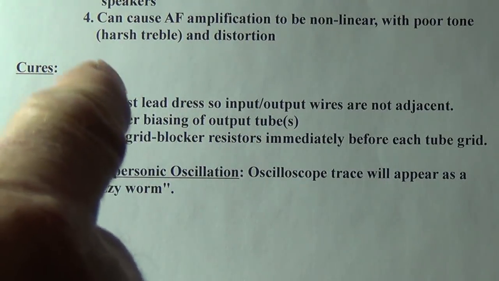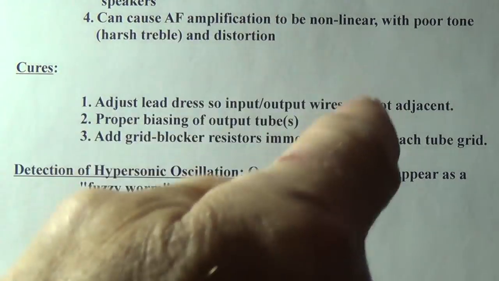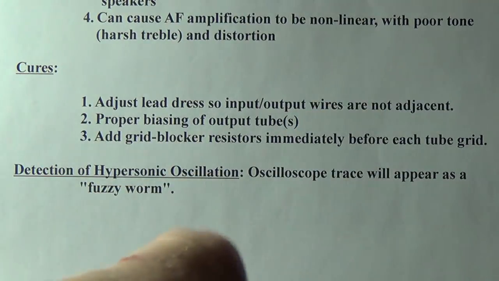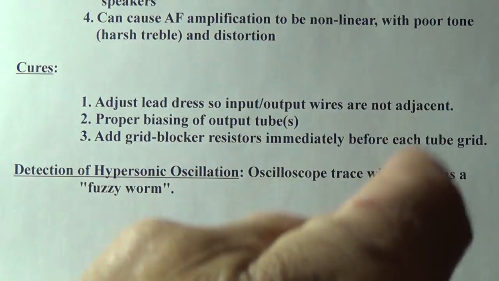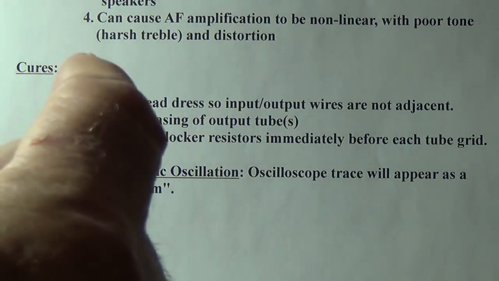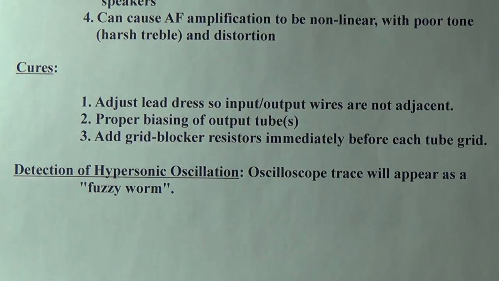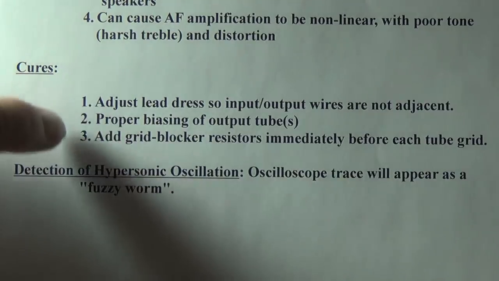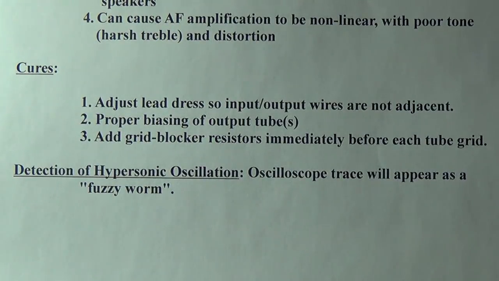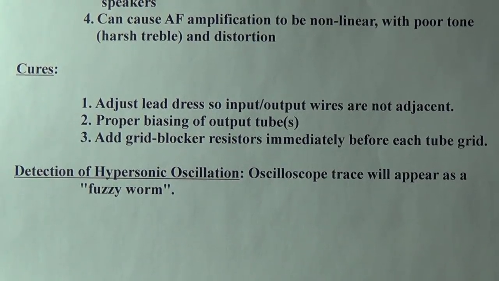If it encounters a resistor each time it tries to enter the grid of the next tube, the signal will be slowed down and reduced to below an amplification factor of 1, and the oscillation cannot persist. So I'm going to try these pretty much in order and see which one of them fixes my 6G15.